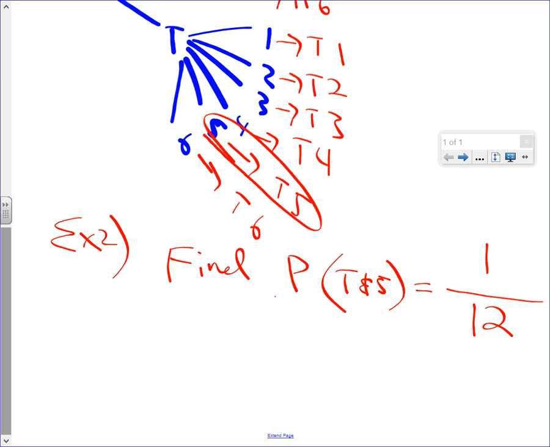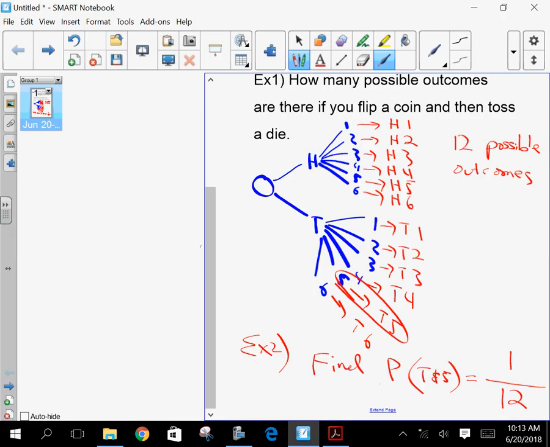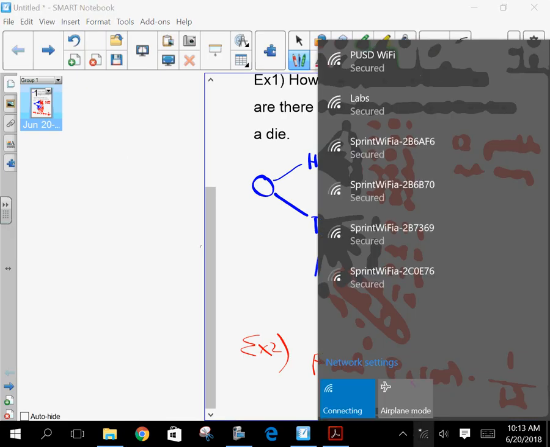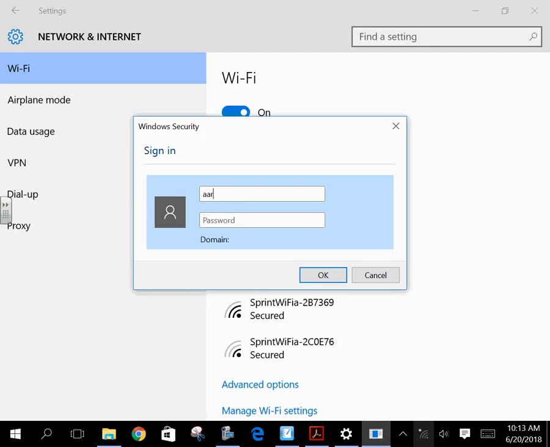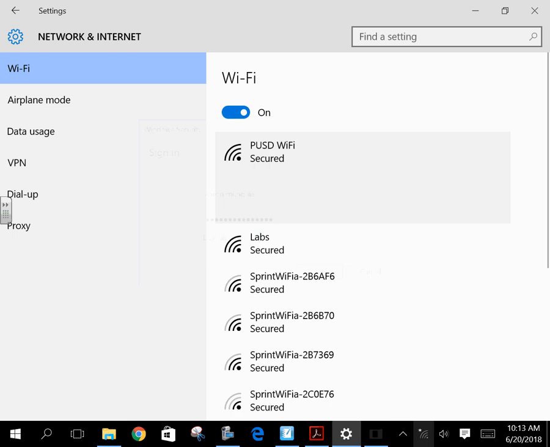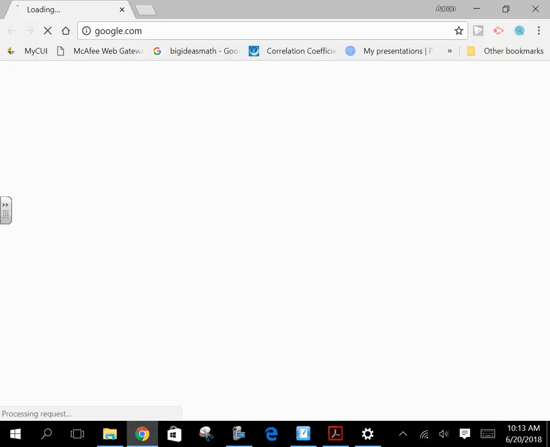So let's turn that into a decimal. 1 divided by 12. Let me get my calculator here. I'm going to go to Desmos real quick and get my calculator.